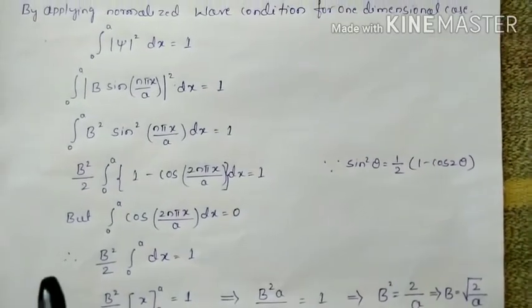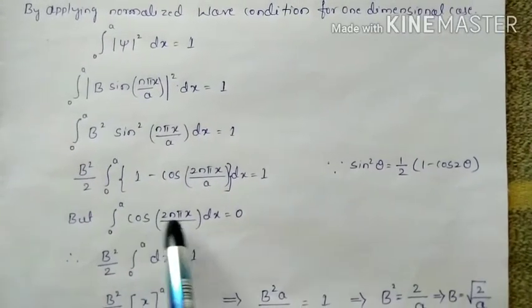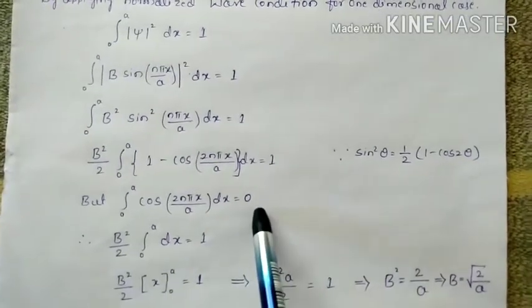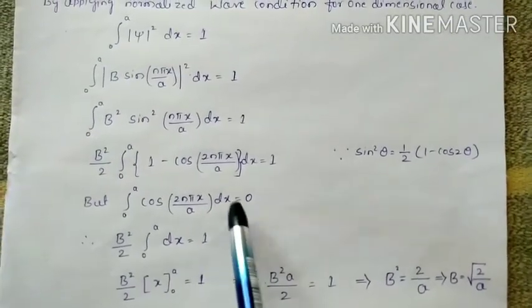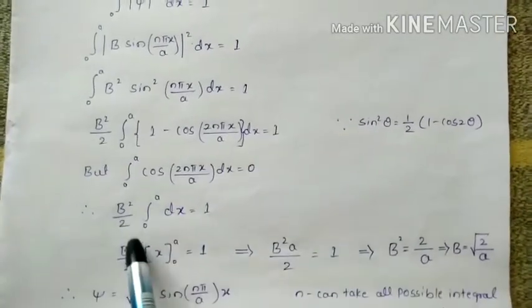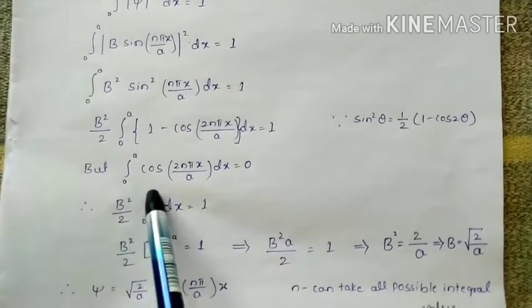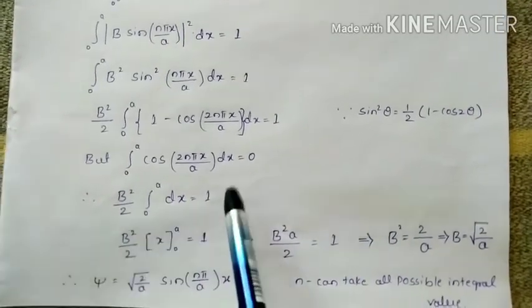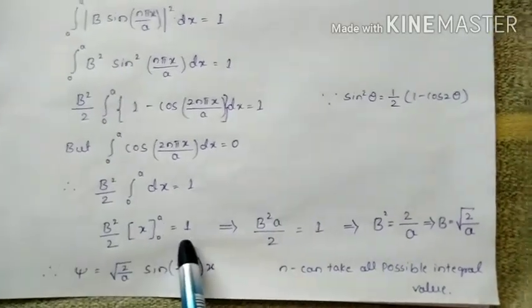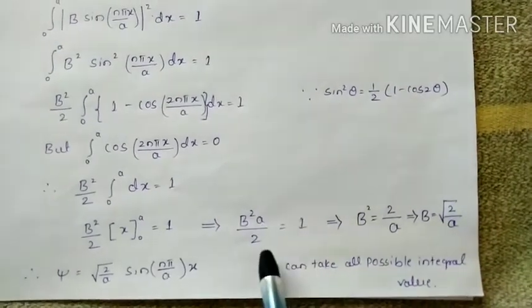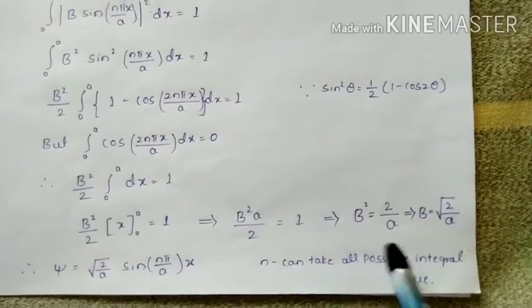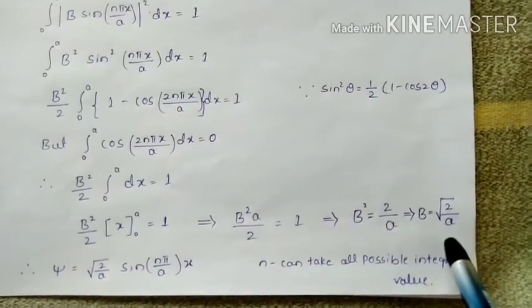But we know that the integration of cos of 2n pi x divided by A into dx is equal to 0, and that is the reason this whole term is going to be 0 and we will be left with only B square divided by 2 integration from 0 to A dx equal to 1, or B square divided by 2 into x with limits from 0 to A equal to 1, or B square A divided by 2 equal to 1, or B square equal to 2 divided by A, or B equal to root of 2 divided by A.